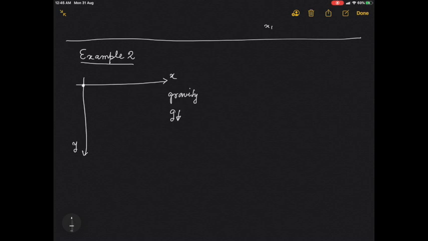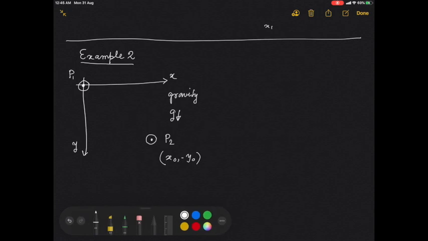A particle is in this position initially, P1, and the particle will eventually come here, to P2, which I can denote as (x naught, minus y naught), minus because it's below P1. It has to come this way under the influence of gravity.